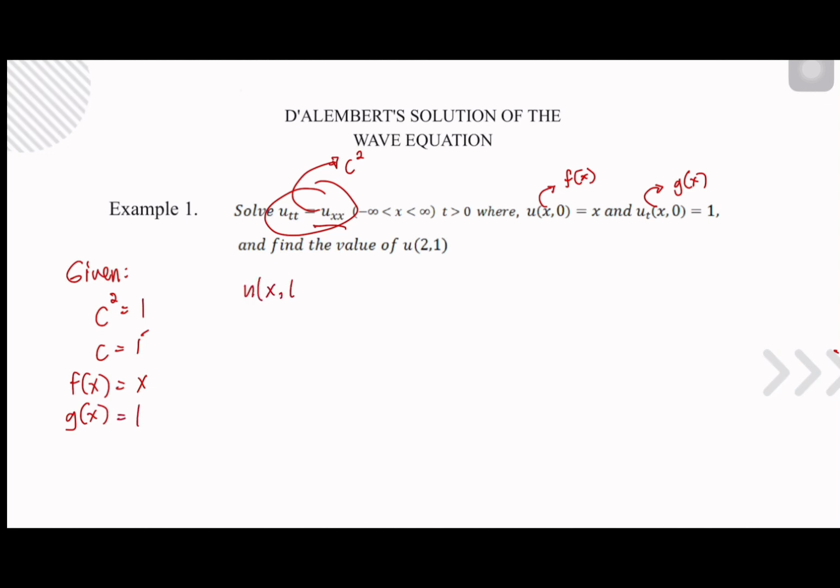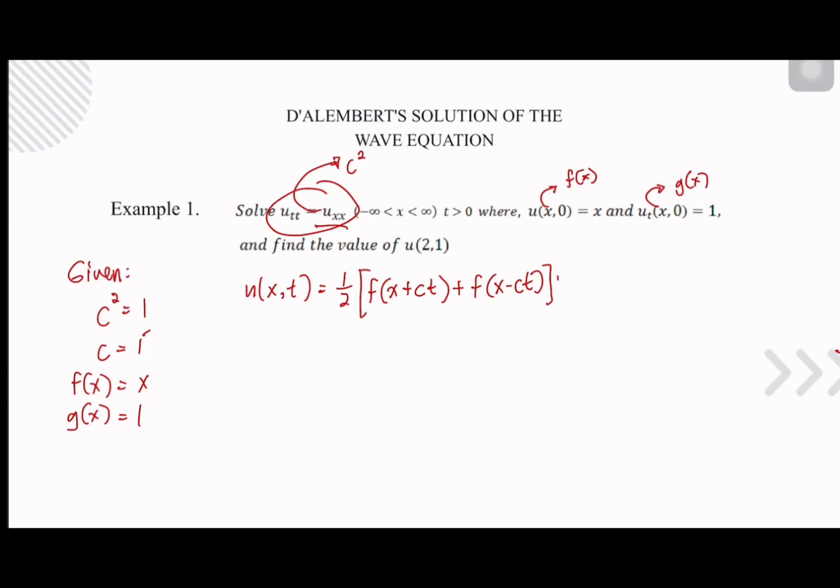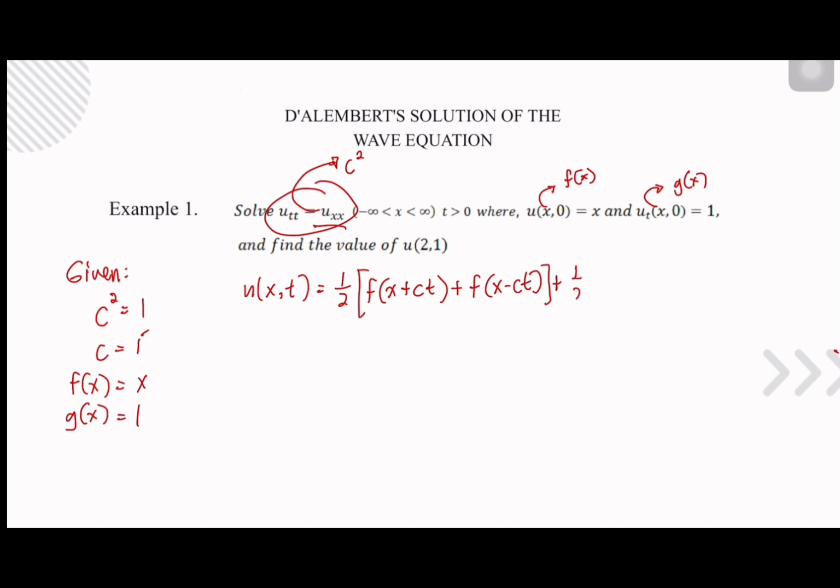Now, using D'Alembert's formula, which is 1 half of f of x plus ct plus f of x minus ct, plus 1 half c times the integral of g of s ds evaluated from x minus ct to x plus ct.